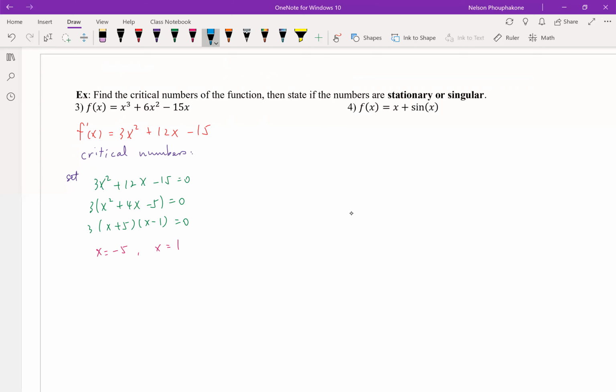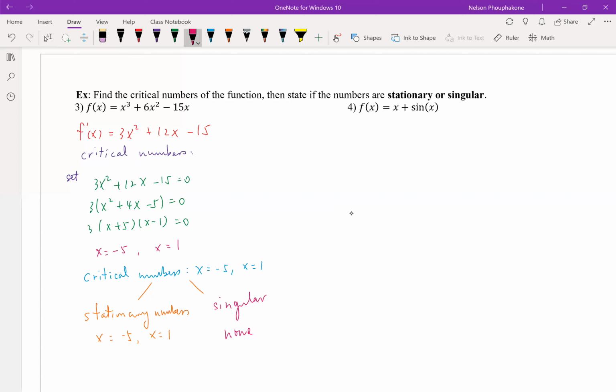So then now, in this case right here, we have critical numbers, x equal to -5 and x equal to 1. And then in this case, okay, how about stationary? Then we have x equal to -5, x equal to 1. And how about singular? Of course, we have none, right?